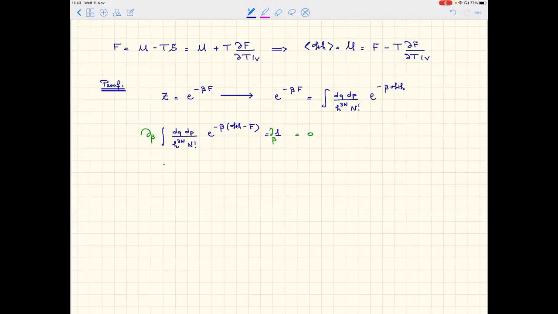The derivative is the integral dq dp over h to the 3N N factorial, then I will have minus H plus F plus beta d/d beta of F, times e to the minus beta (H minus F).